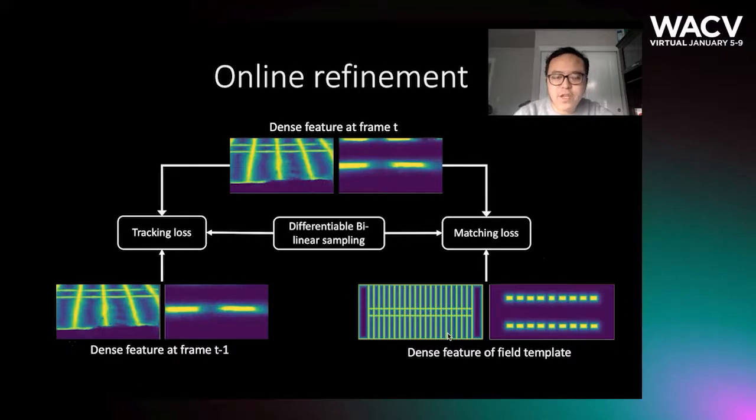With dense features, we can fine-tune the homography by optimizing two losses, the tracking loss and the matching loss. The tracking loss aligns the dense feature at frame t with the feature from t-1, and the matching loss aligns the dense feature at frame t with a feature from the field template. We use differentiable bilinear sampling to warp the feature.